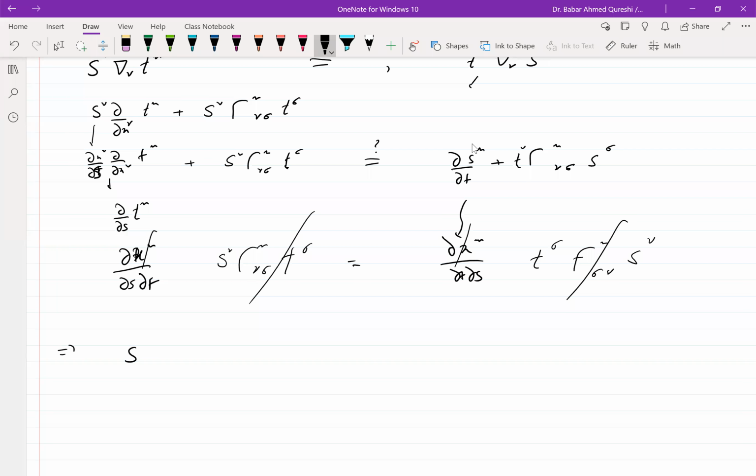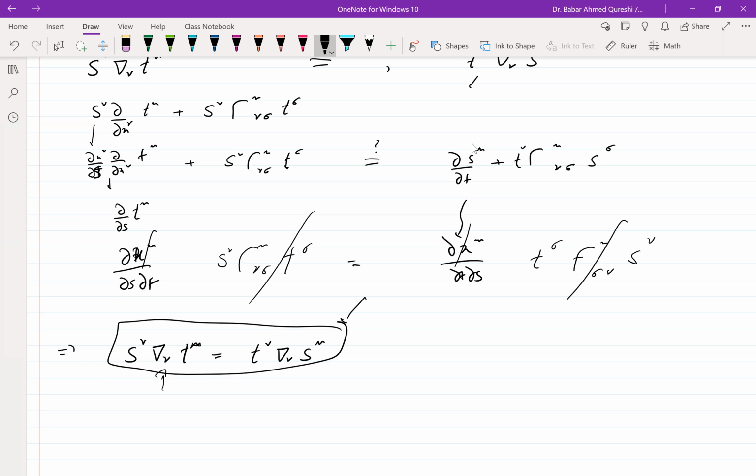So s nu d nu t mu is t nu d nu s mu. I can replace them. This is true whenever you have these tangent vectors coming from a coordinate mesh, where S and T are defined with respect to some coordinates. But in any case, this is true for us.